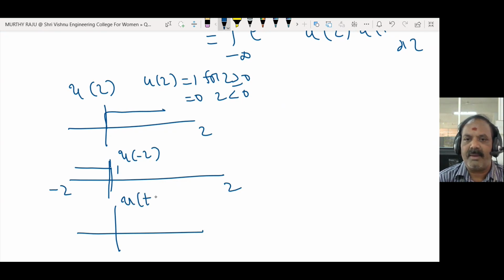This function is u of t minus tau. The value of u of t minus tau is equal to 1 when t minus tau is greater than or equal to 0. The shifted function is here, t, and this one is tau.